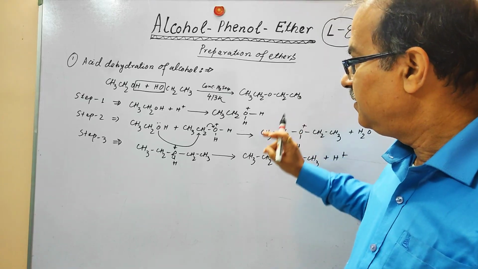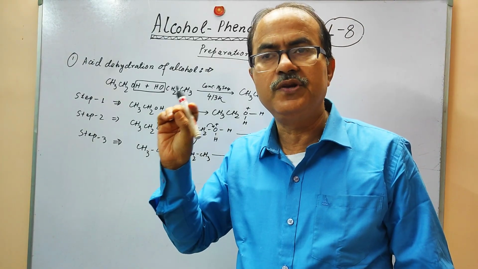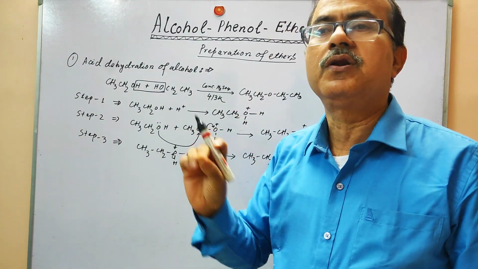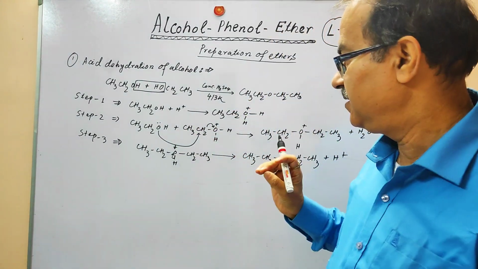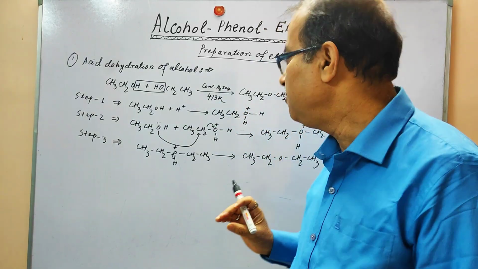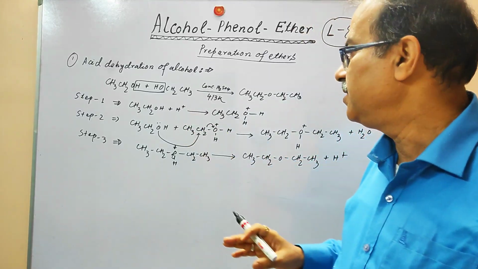So the ether will not be produced from 2 degree or 3 degree alcohol. Only the primary alcohol can produce this ether, because of the steric hindrance of the methyl group.